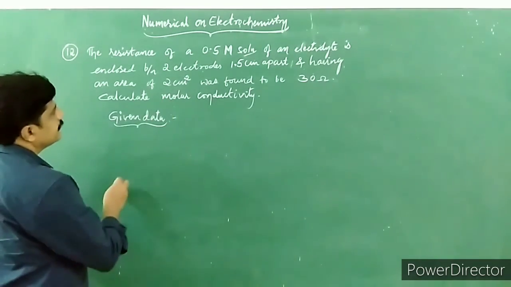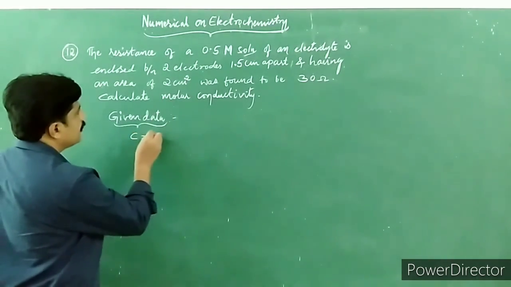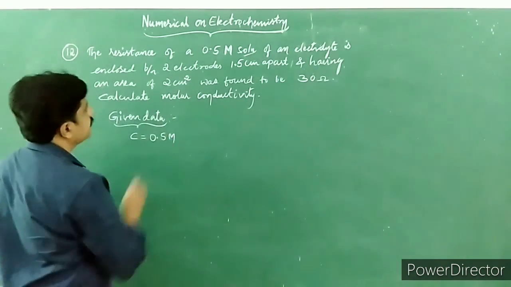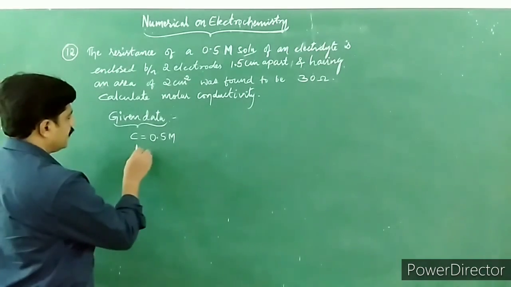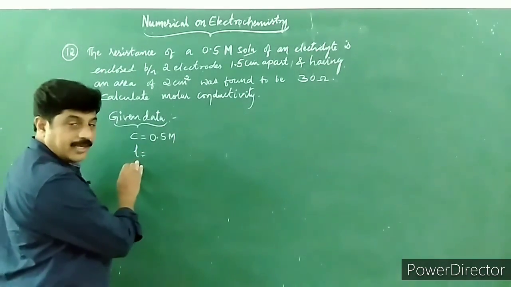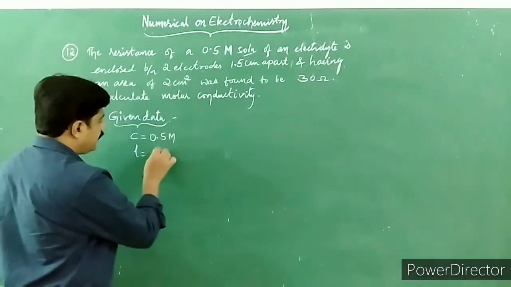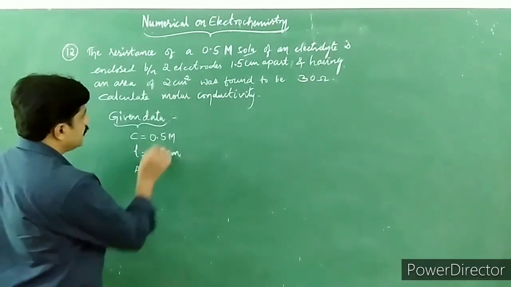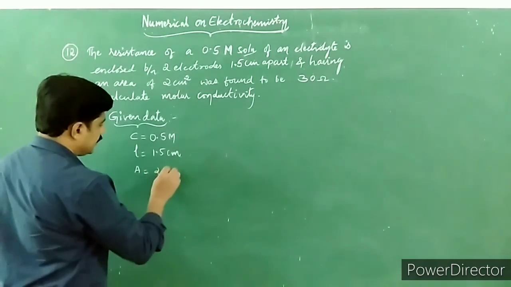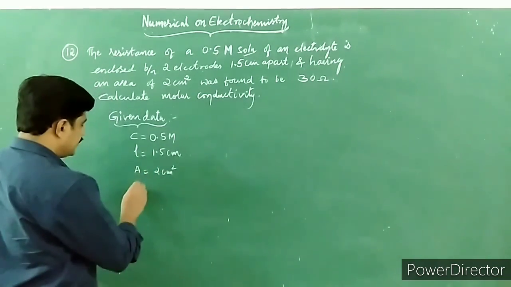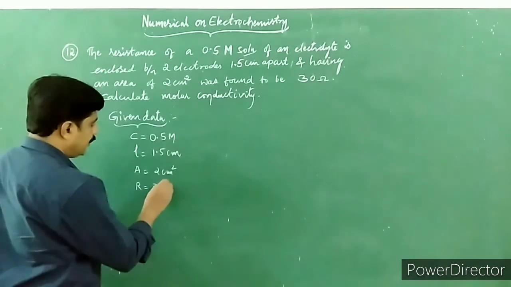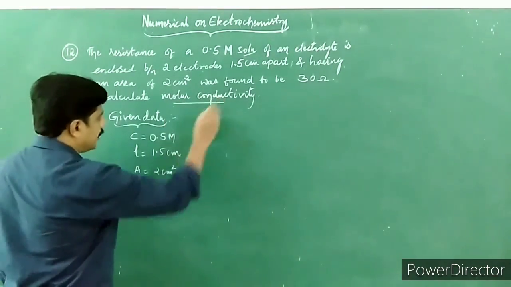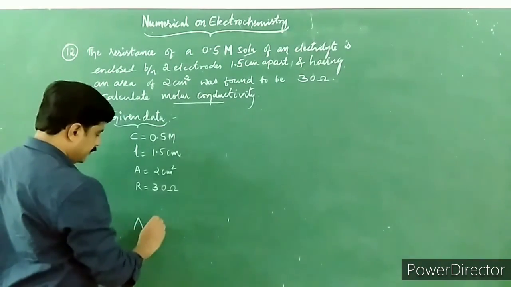Concentration is given 0.5 molarity. And L is given, is it not? Distance of separation between the two electrodes is given 1.5 centimeter. And area is given how much? 2 centimeter square. And resistance is given how much? 30 ohms. What are they asking? Children, they are asking molar conductivity, lambda m.